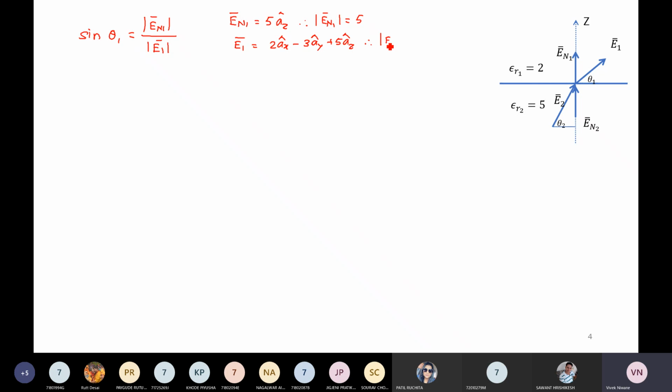Therefore, magnitude of E1 bar is equal to under root 4 plus 9 plus 25, and this is 6.164. So therefore, sine of theta 1 is equal to 5 upon 6.164.